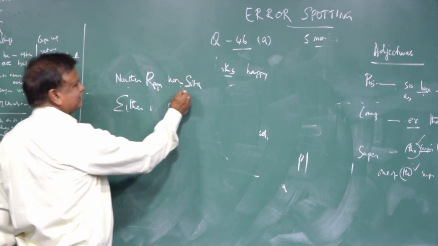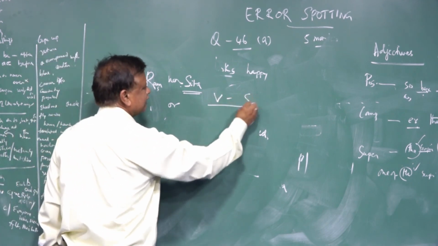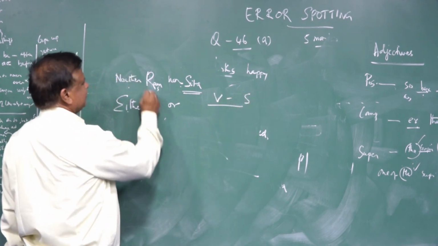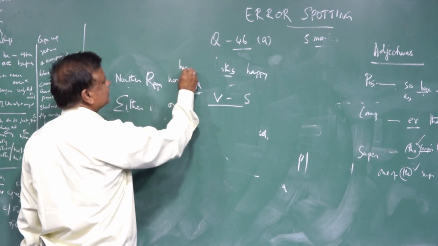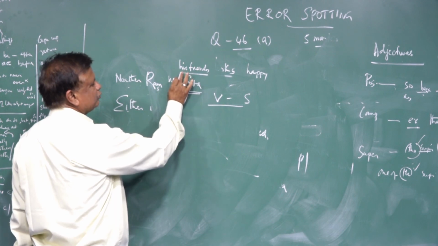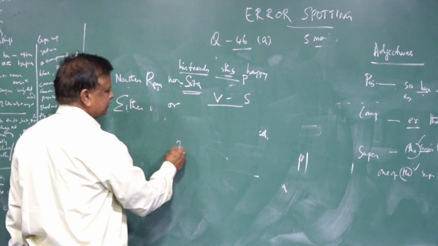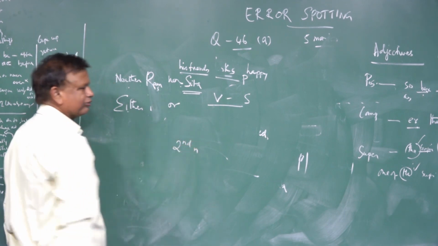Here, Sita is singular, so the verb should be singular. Neither Ram nor his friends. Here, his friends is plural, so the verb should be plural. So, the idea is based on the second noun.